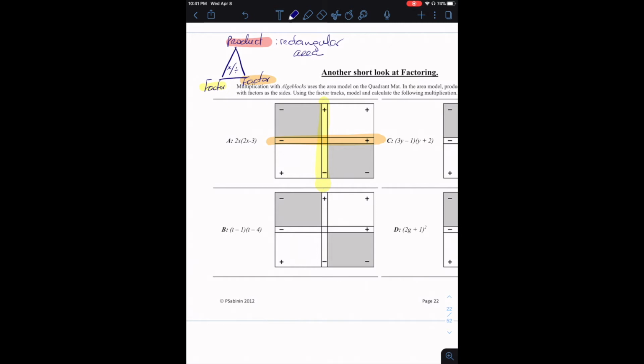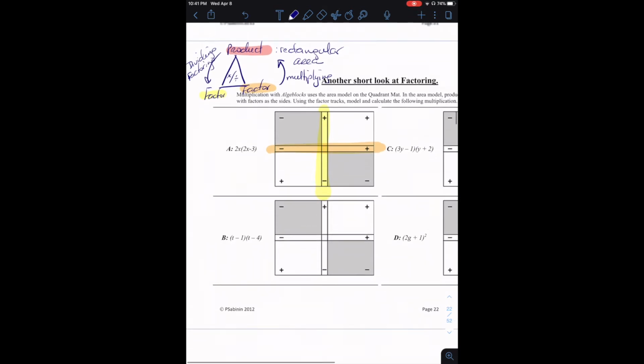Now, when we are going from factor to product, we're multiplying. And when we're going from product to factor, we're either dividing if we know one of the factors, or factoring if we don't.